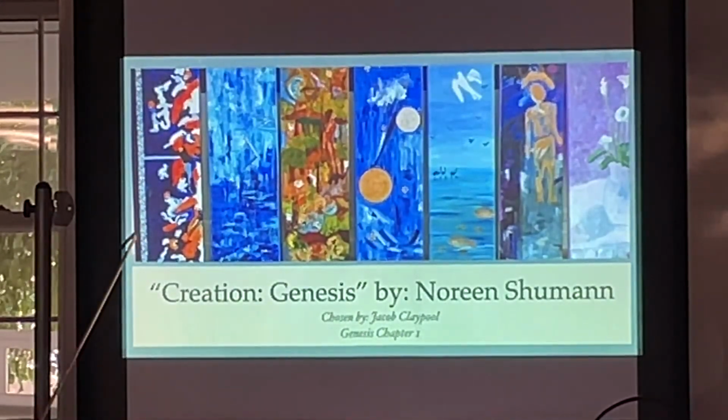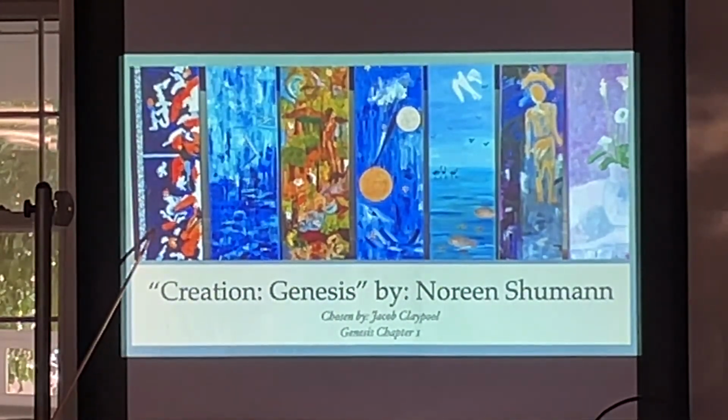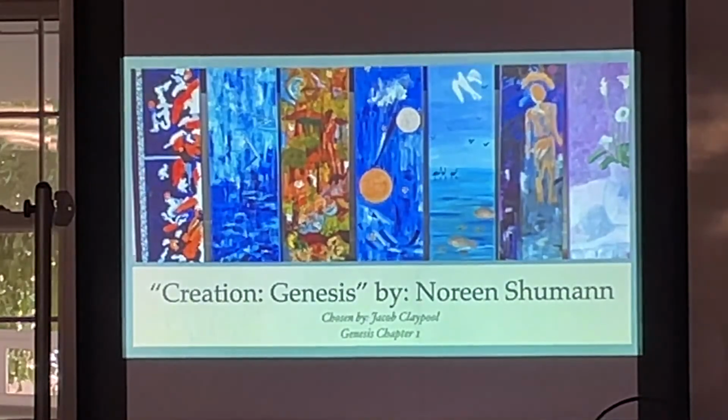Okay, so darkness does not have to be black. Darkness can also be blue, and this artist decided to depict it with blue, and the light with orange or white. Okay, so that's a little bit different than maybe what we're initially expecting.